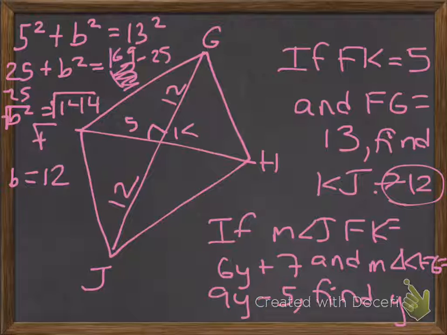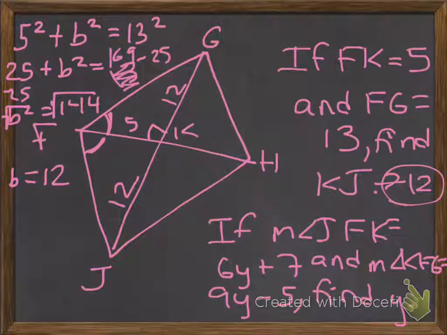Then we have angle JFK. That's going to be here. And angle KFG, that's the other side. We know that the diagonals bisect them, so it makes them equal.